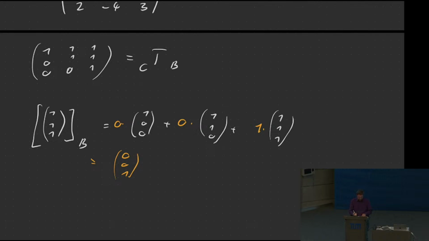Well, that means if I multiply this matrix here by this 0, 0, 1, what I get is the last column. Yeah? That's exactly the third column of TCB. So the third column needs to contain the C coordinates of my vector, and the C coordinates are just this vector here. And the same argument works for the first and the second vector. Right? So that's why it's just the basis vectors.